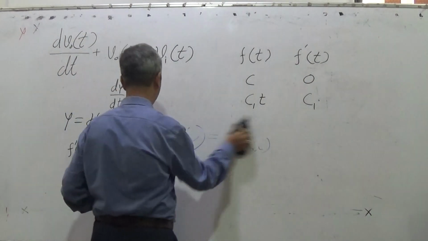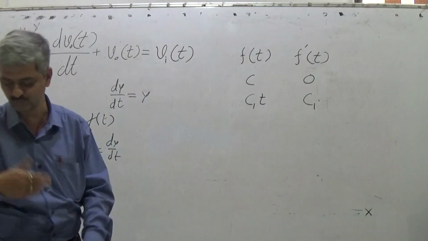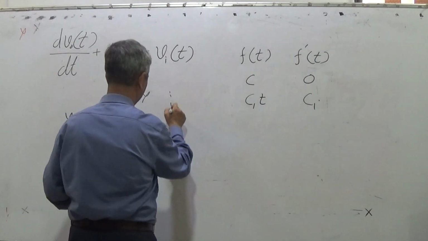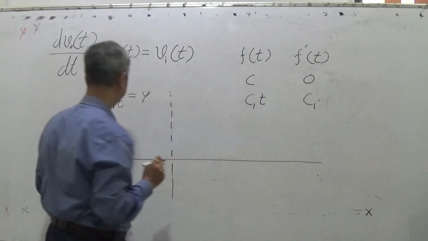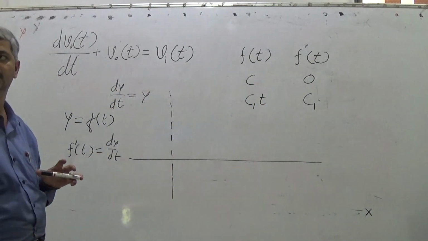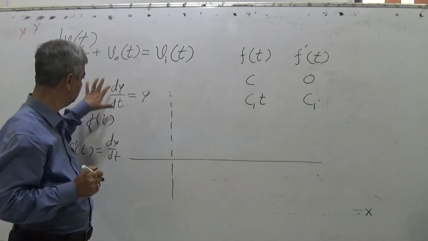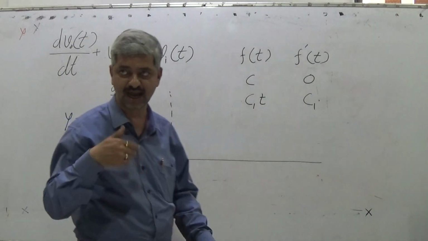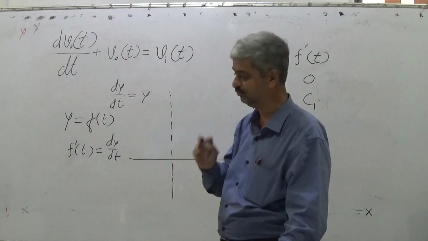So how do we think of this function? Everything should come from within. We do not want any ready-made solutions. We should proceed for dy by dt equal to y. So we start with some value at t equal to 0.